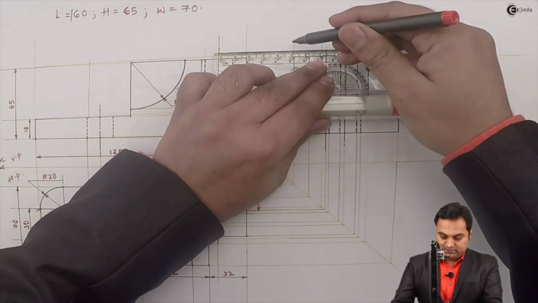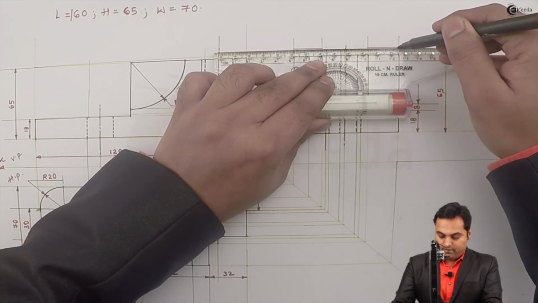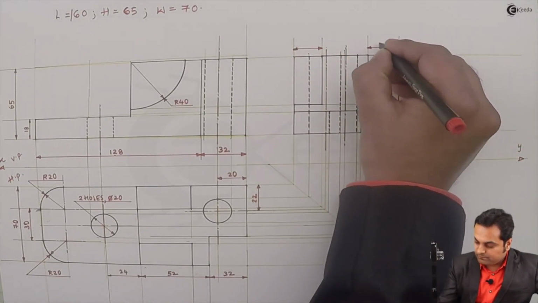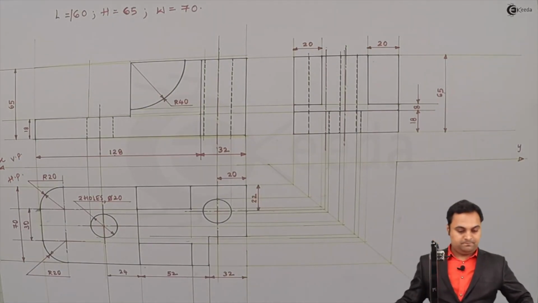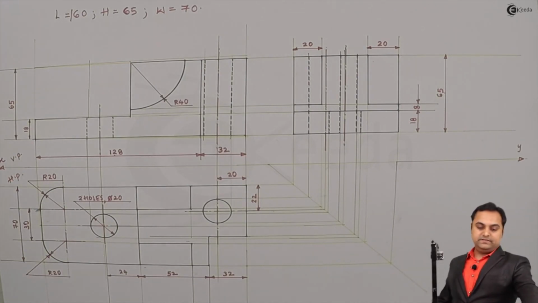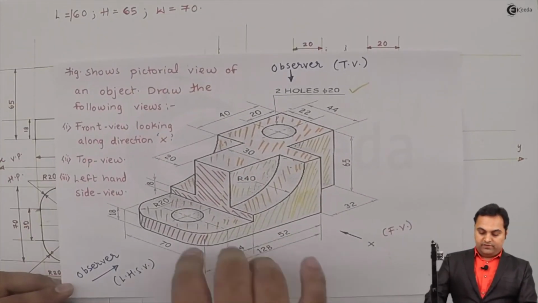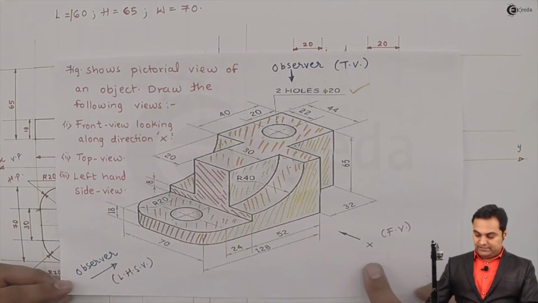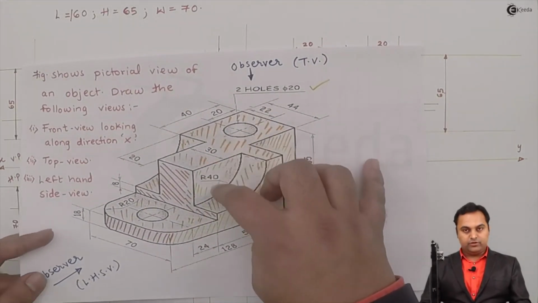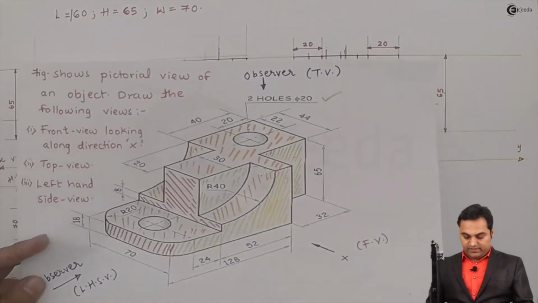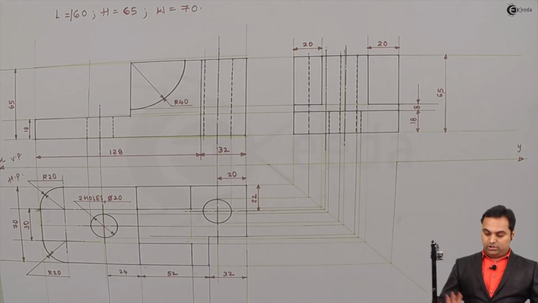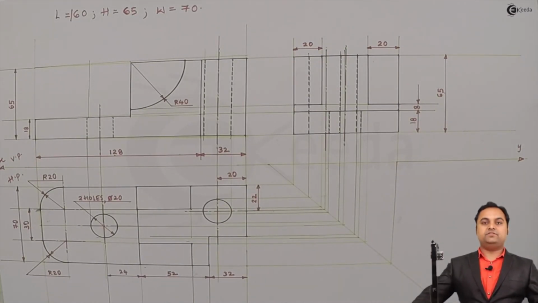Then both these rectangles are of 20 mm width, and once I have given all the dimensions as said in the question, we have to draw the following views. Front view looking along direction X, so I have completed the front view. Next, top view as an observer looking from the top, this is the complete top view. And finally, left hand side view drawn towards the right by the first angle method of projection along with all the dimensions, and with this we complete the problem.